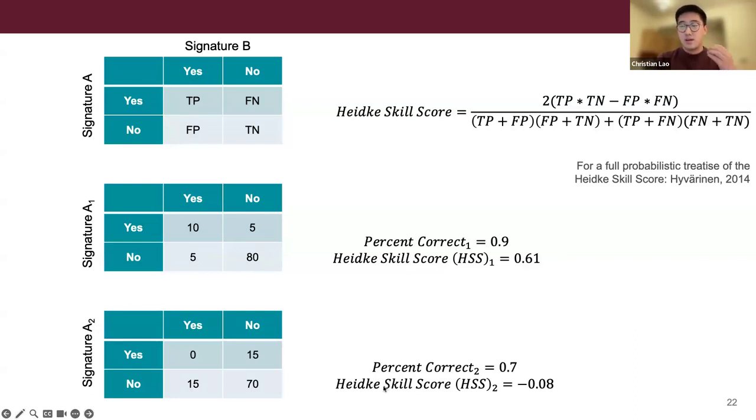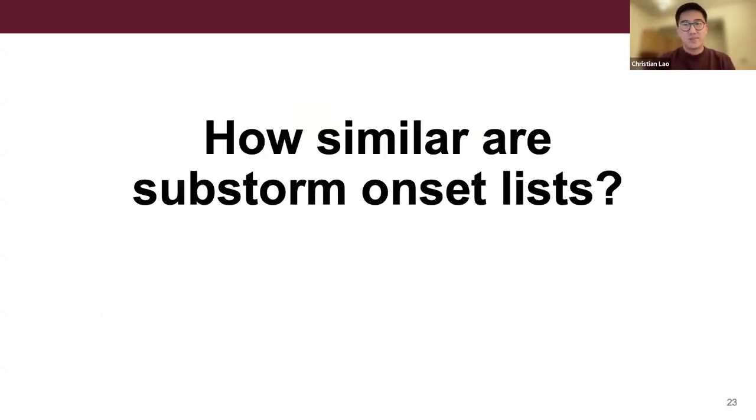But the second toy example now evaluates a Heidke skill score of -0.08 when they don't see each other. So it's actually worse than random chance agreement. This is exactly the characteristic of any metric that I would like for my research, and it allows us to ask a very simple question. How similar are substorm onset lists?